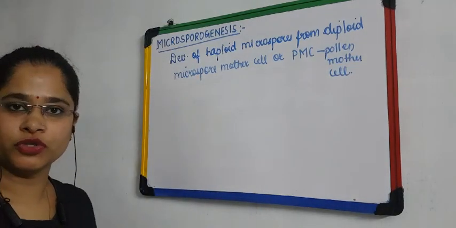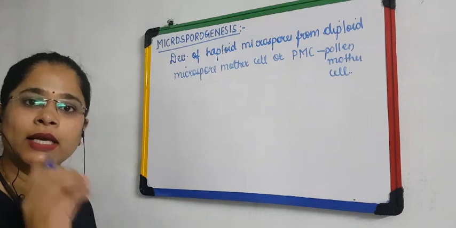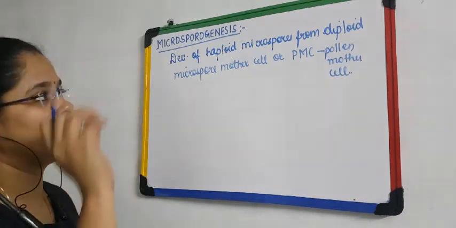This microsporogenesis is defined as development of haploid microspores.